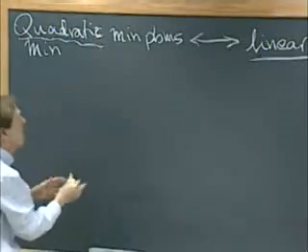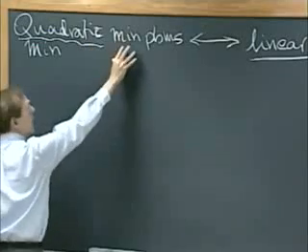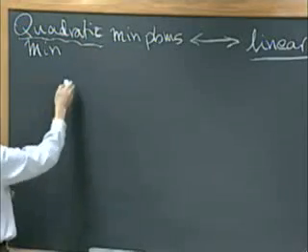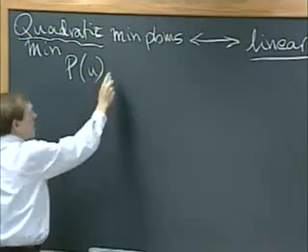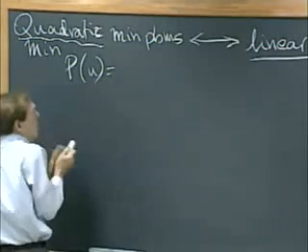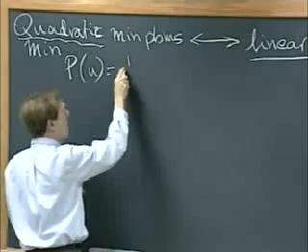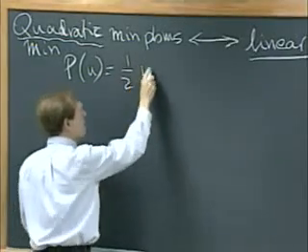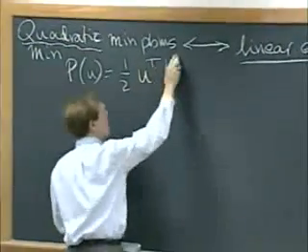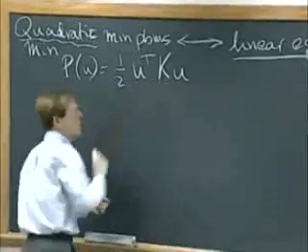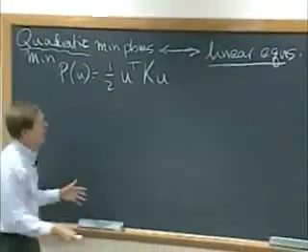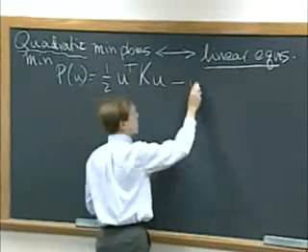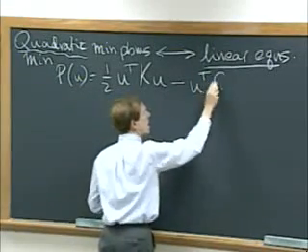But there are other problems that are formulated as minimum problems, like this one, minimize, let me call it P of U for potential energy, or total energy, really. There's often, we need this quadratic term, U transpose KU. This is our stiffness matrix, positive definite, symmetric. And then a source term, which will be linear.